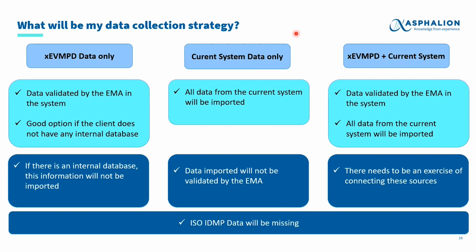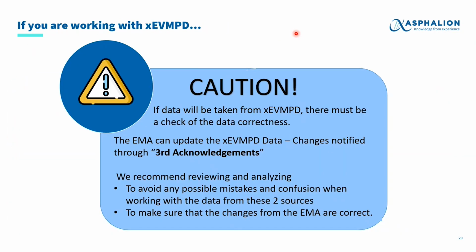Before moving forward, I would like to make a parenthesis and make a warning message. If you are thinking of working with XEVMPD, there must be a check of the data correctness. Why? Because the EMA sometimes can update the data from XEVMPD.